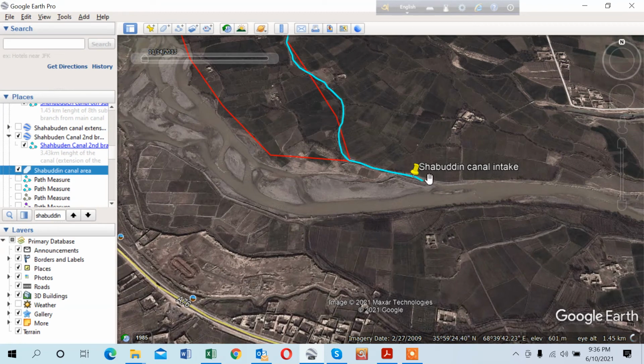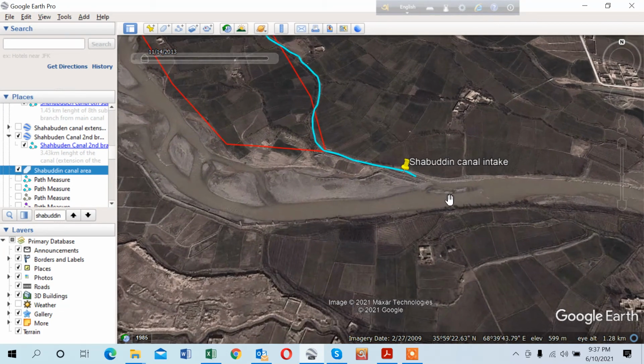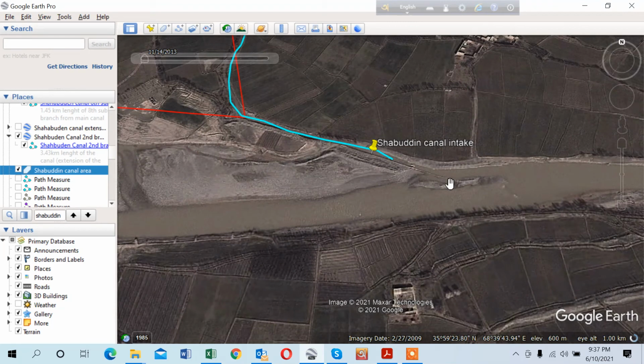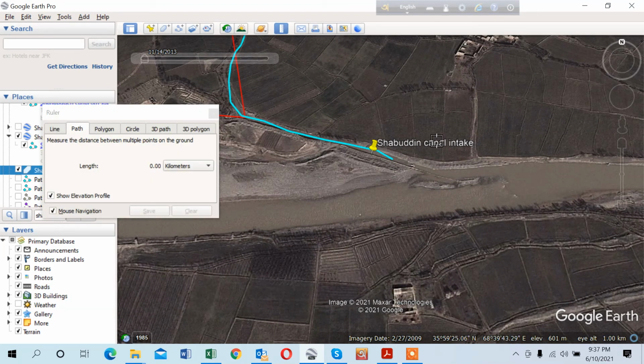Suppose you have an intake structure, a gated intake structure, but a flood is coming from here and inundates the canal, and it will pass and damage some houses in the downstream, or it may damage the canal. So these things may happen. Therefore, you need to know the level of this place and the water level, the high flood level, and the level of the water here.